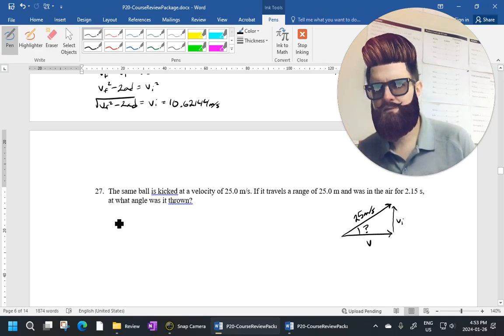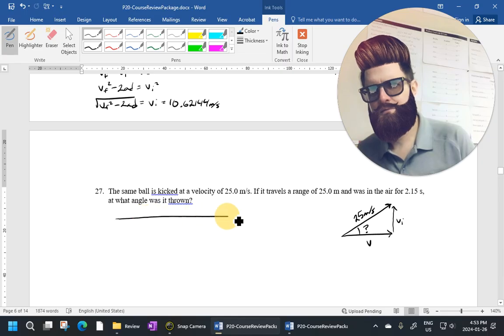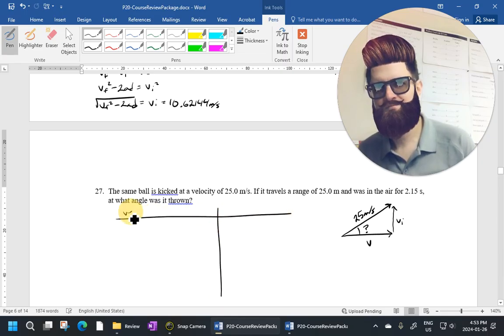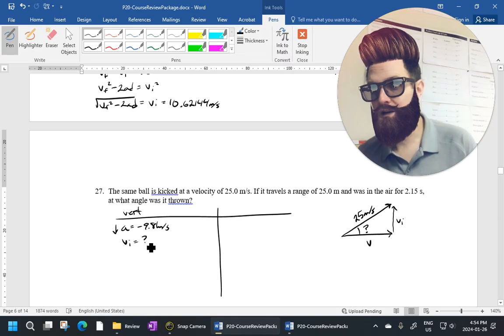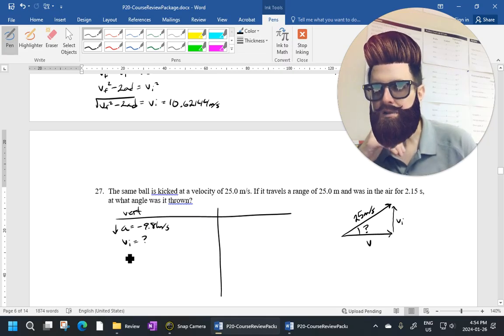The problem is that when I try to solve for VI, I don't think I have enough information for the vertical section, right? In the vertical section, A, which is downwards, could be negative 9.81. We want to try to solve for VI if we can, because if I solve for VI, I have the hypotenuse and can use sine to find the angle.